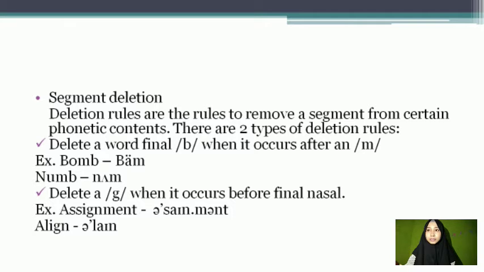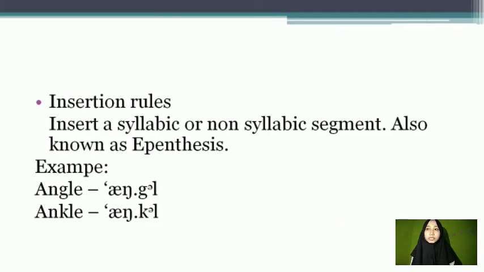And then the second one is delete a k when it occurs before final nasal. For example, the word assignment, instead of we say it as assignment, but we say it as assignment instead of align, it's align. And then the next one is insertion rules.